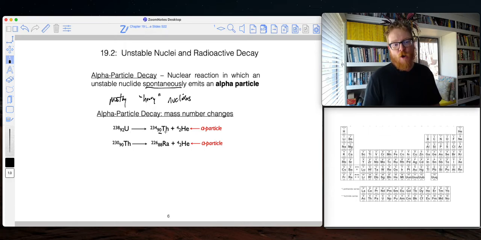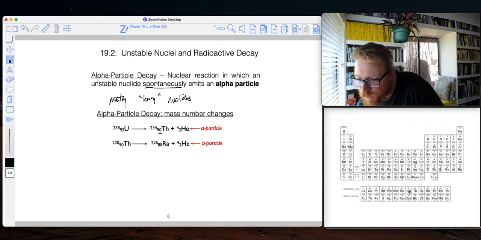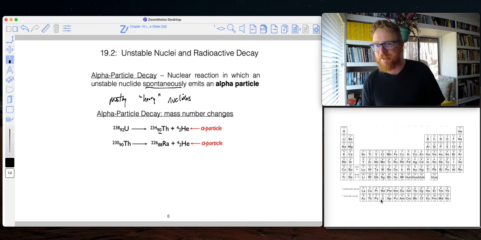And we know that this produces a thorium nuclide because if I look at my table right here, I always get lost way down at the bottom of the table, wherever it is. Where are you, heavy things? Uranium. I never look at the lanthanides and actinides.